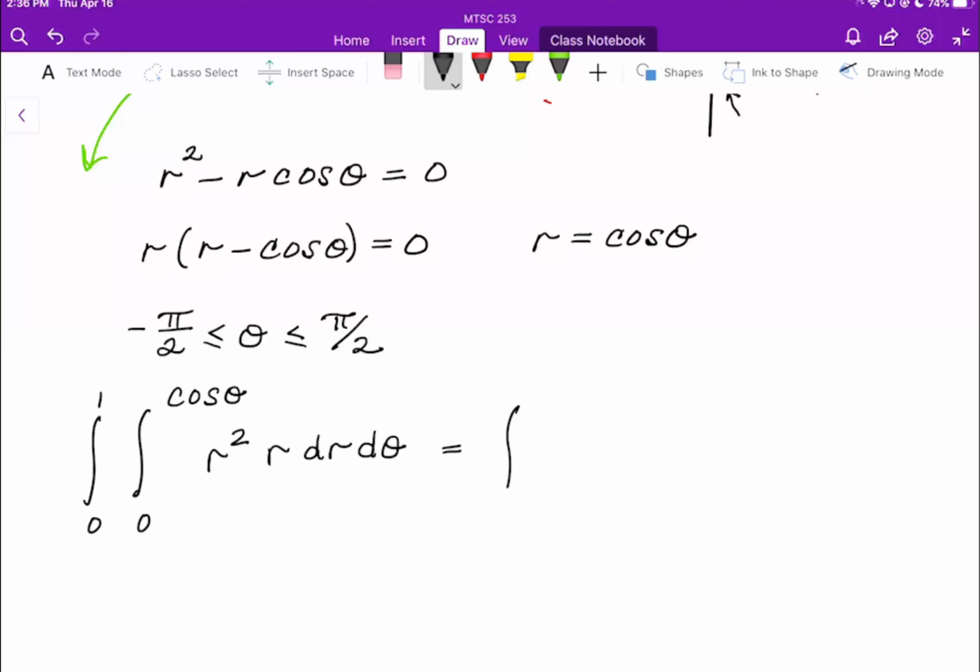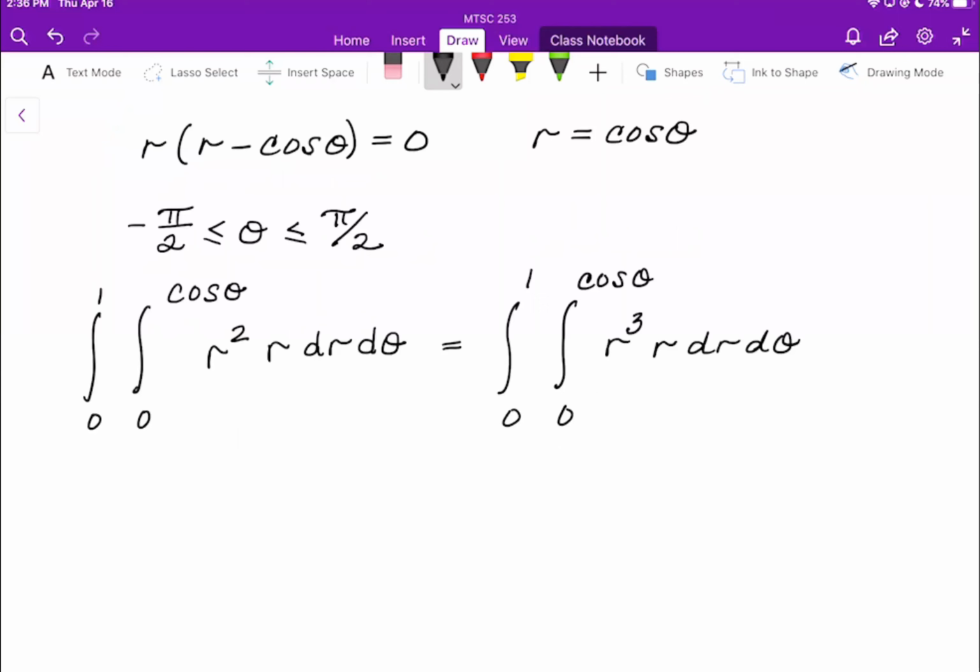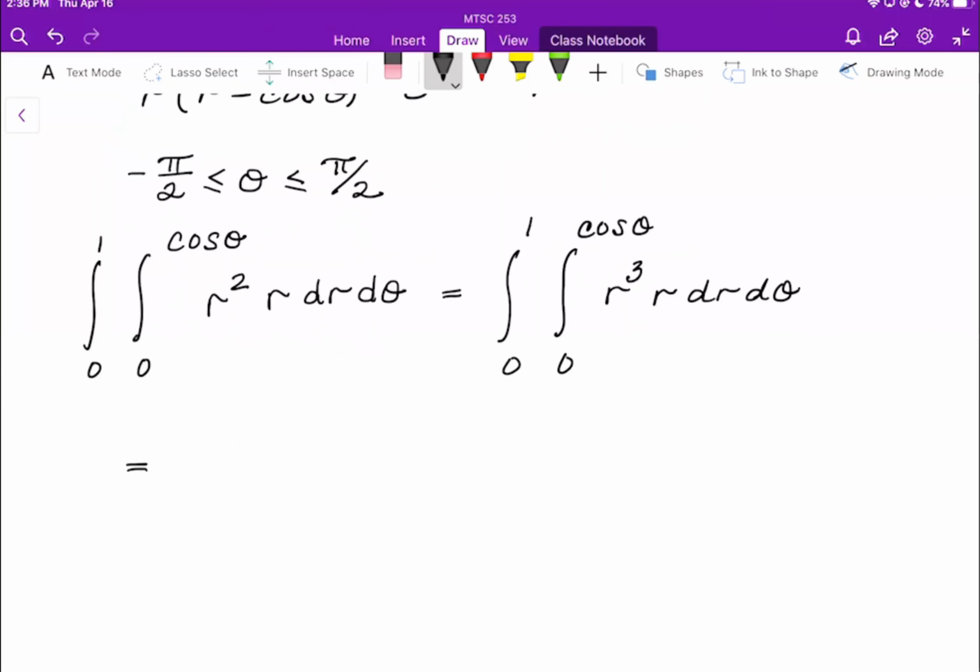So this is the integral from 0 to 1 of r cubed, the integral from 0 to cosine theta of r cubed r dr d theta. So that's the integral from 0. Okay, wait a minute.